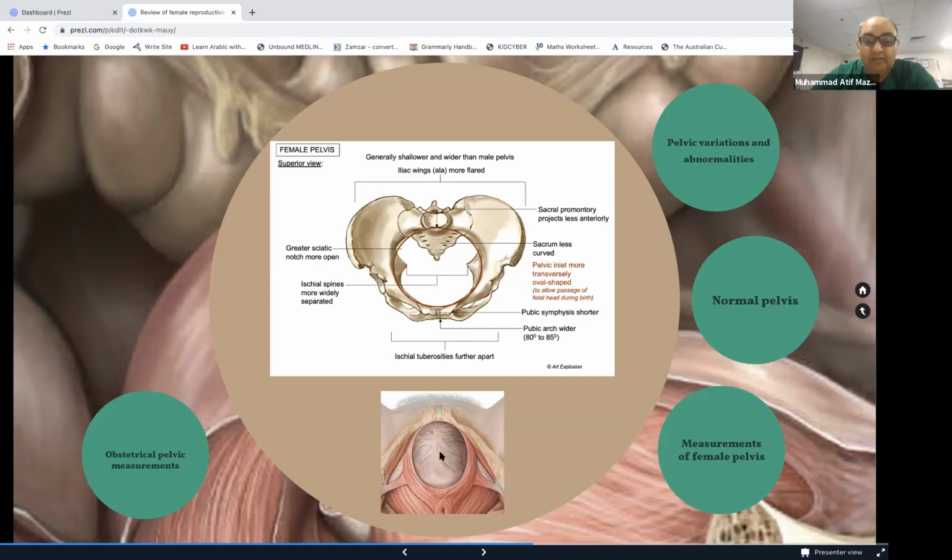And what you are looking at in this image is the process of childbirth. So this big diameter is required, which facilitates the passage of the head of the baby and the whole body of the baby. So all the structures are wide apart, all the measurements are, so this whole thing should be more open, more wide, so it can facilitate the descent of the baby in a nice way.